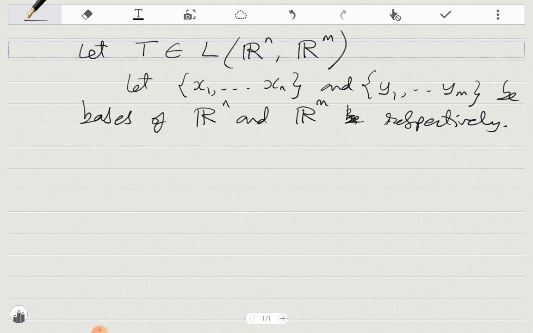Now I could have started with just the standard basis of Rn and the standard basis of Rm, but this construction will work for any choice of basis.